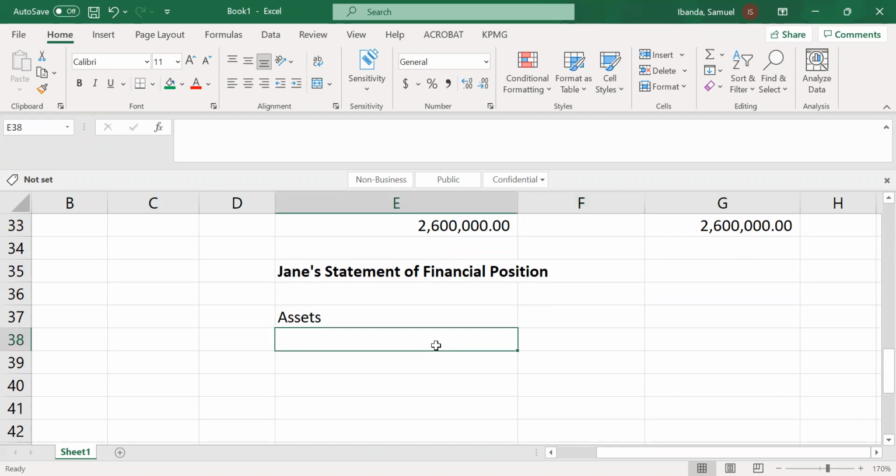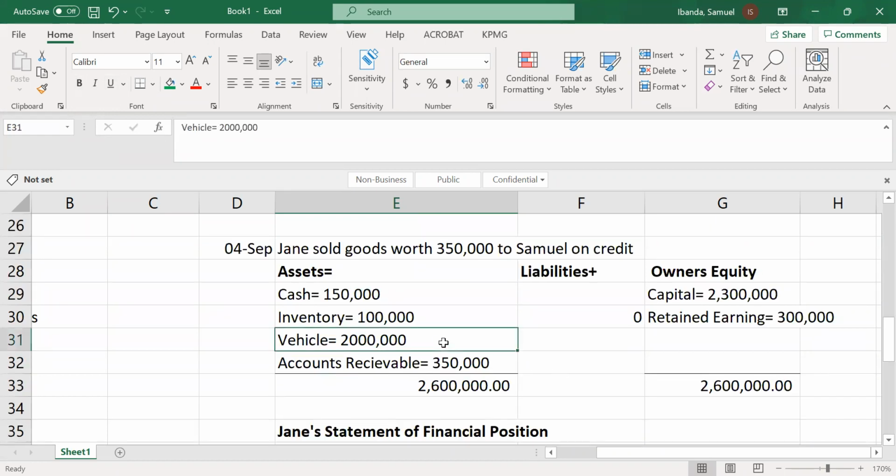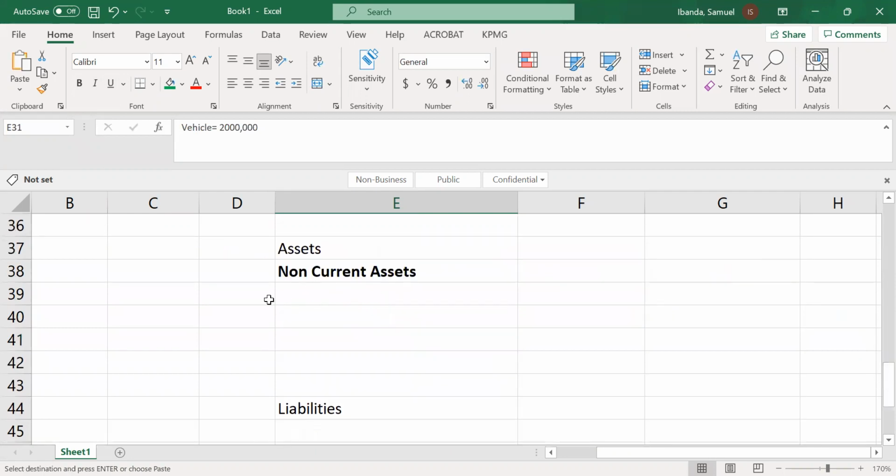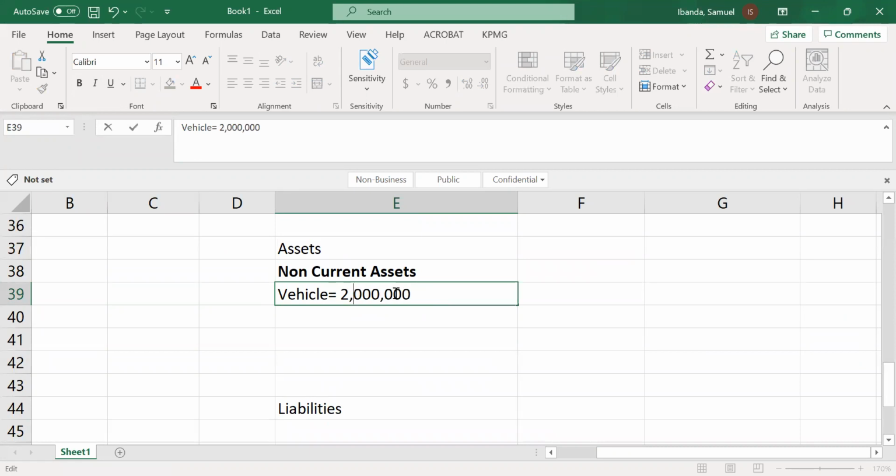In our assets, we usually start with non-current assets. For Jane's case, the only non-current asset that Jane has is the vehicle. I've explained that non-current assets are those that last for a period of more than 12 months.